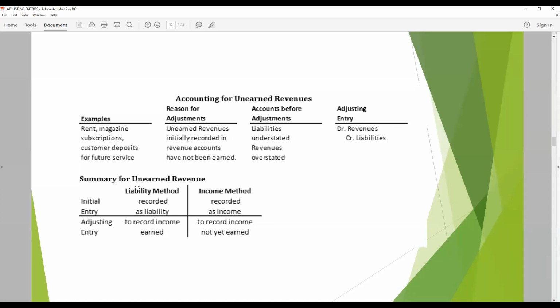Under liability method, your initial entry is recorded as liability, income method recorded as income. And the adjusting entry at the end of the year or the period under liability method is to record income earned and income method to record income not yet earned. So here under liability method, your adjusting entry, you will record the earned portion of the cash received. And under income method, the unearned portion of the cash received.